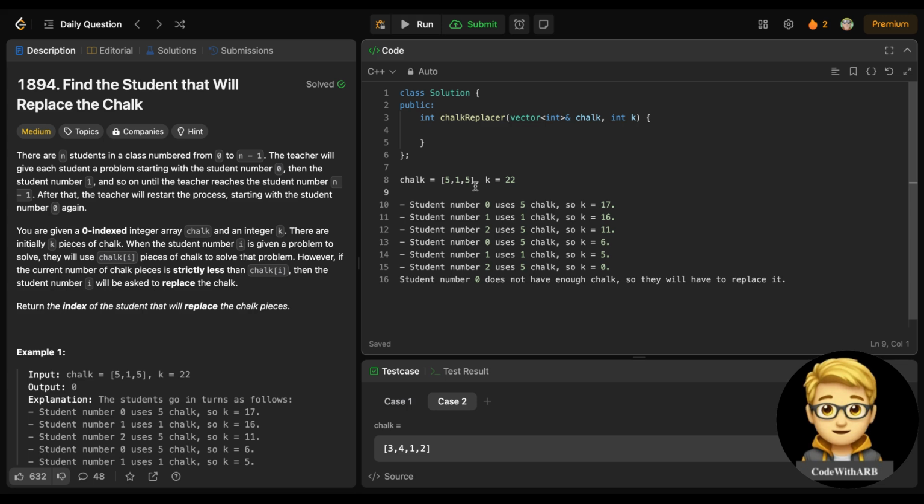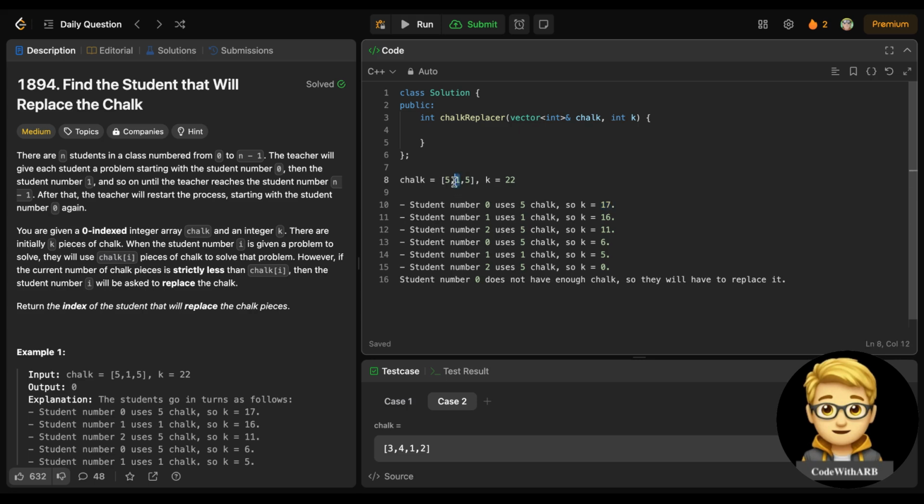That's how the teacher assigns the questions to the students, and they will use this much amount of chalk to solve that particular problem. The first student is assigned the question, so he needs to use 5 chalk to solve that problem. If he uses 5 chalk, the remaining chalk will be 70.